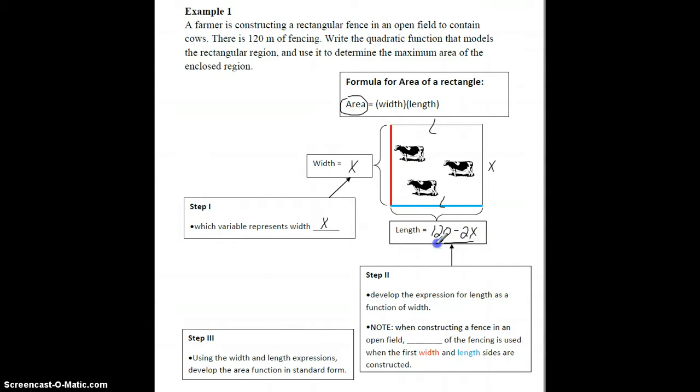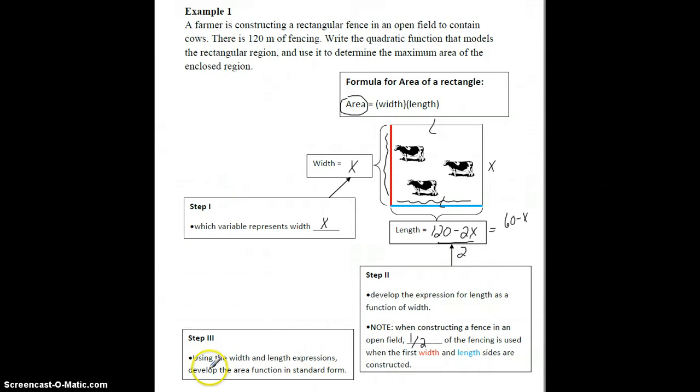Well, it would be half this amount, so you divide it by 2, or you would have 60 subtract x, because half the fencing is used to put the width and length in, so therefore it only leaves you the other half remaining. So half of the fencing is used when constructing the first width and length.